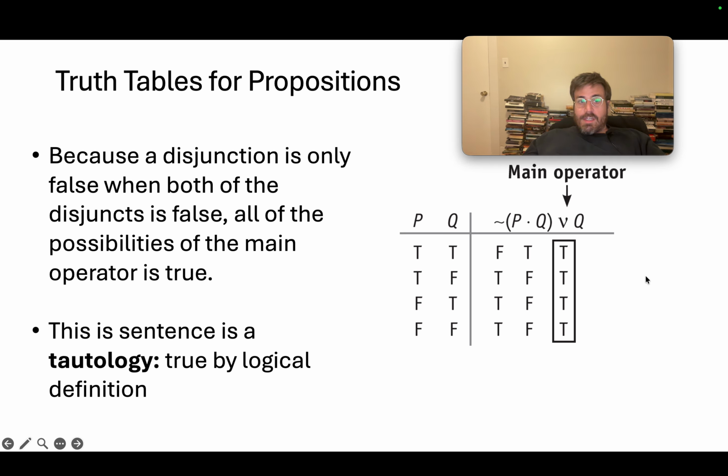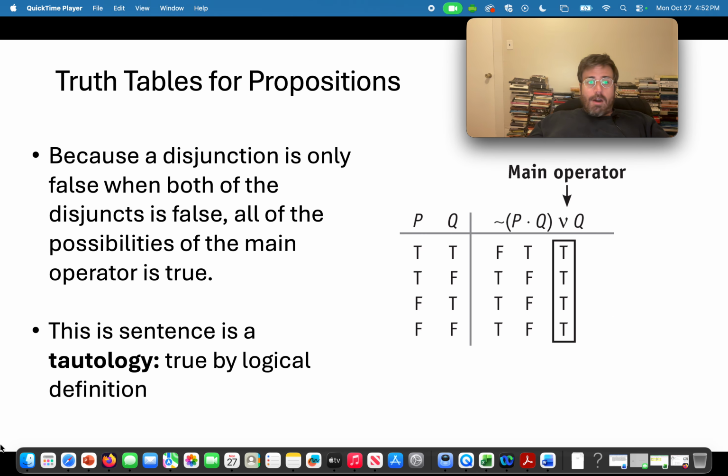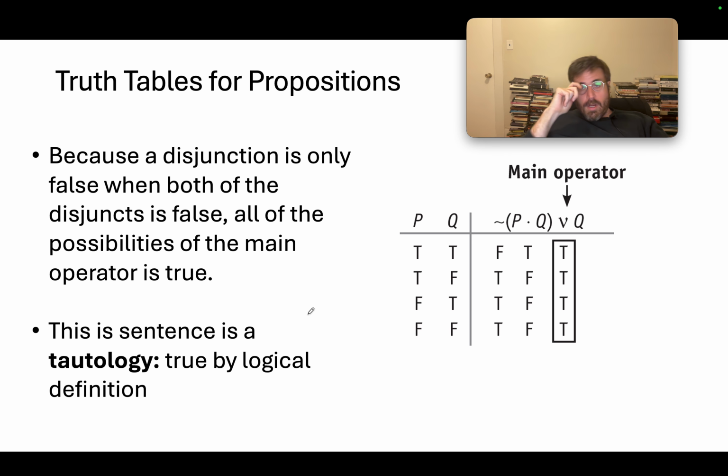So this is the complete set. I won't rewrite the values for Q here, but as you can see, they're just plugged in from the reference table, with the result that the values for the main operator are true in every instance. Now, the technical term for a complex sentence that is true in every row is a tautology. A tautology is true by logical definition.